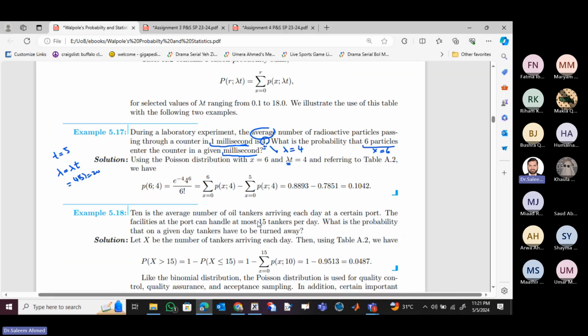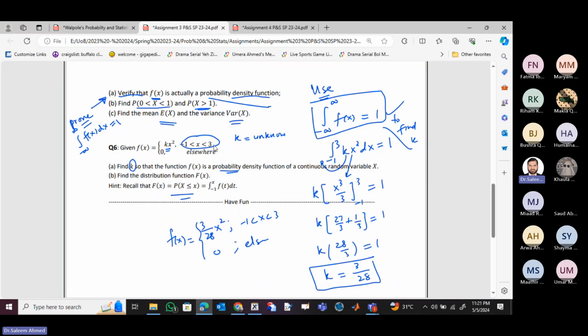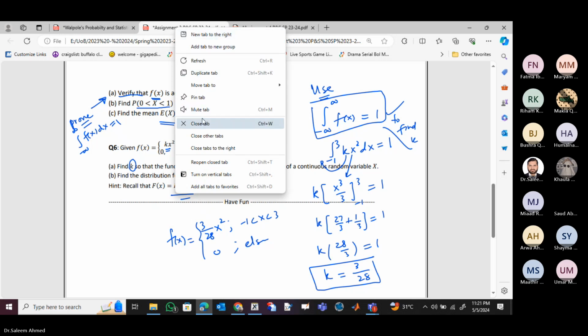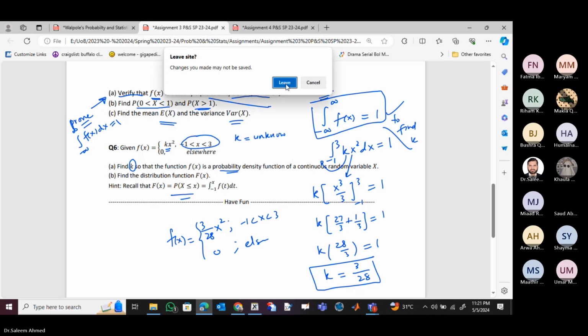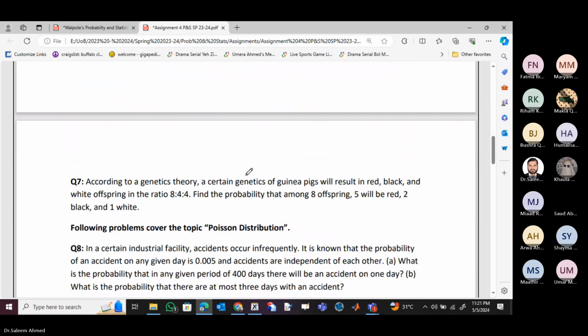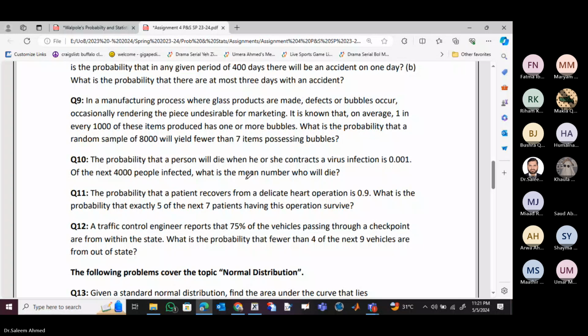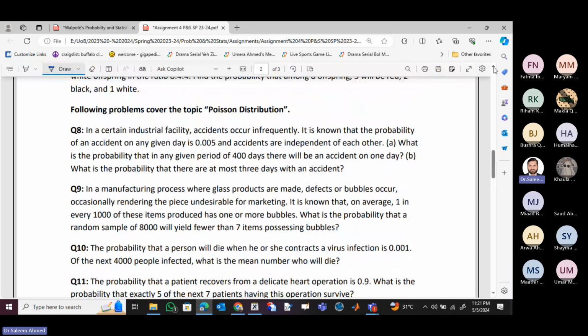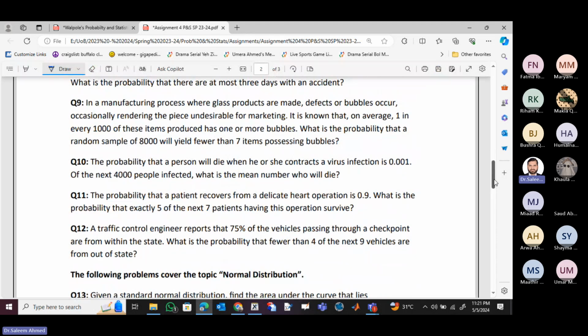If you look at the problems in the assignment, you might see a problem from binomial, but n is very large and x is small. See here, the probability that a person will die when he or she contracts a virus infection is this one.